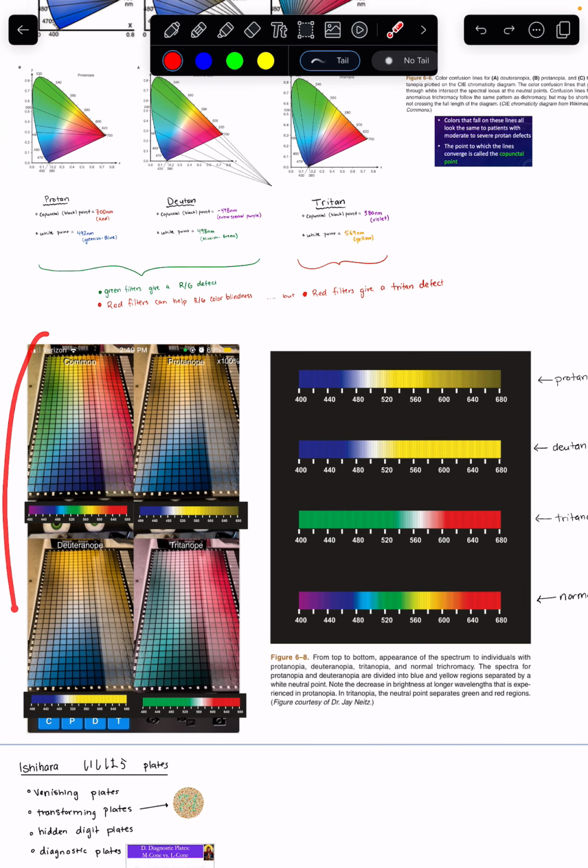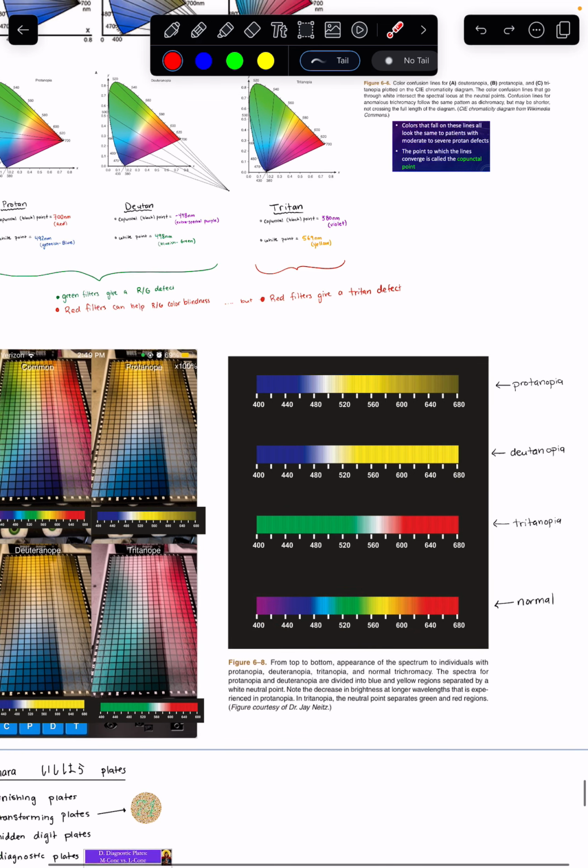This is courtesy of Kate Cooper. This is using that app that we want you to download, and this is from the textbook. So this one shows the normal range of color perception of someone that's a normal trichromat. But if I'm a deuteranopia, you can even look at my white point.